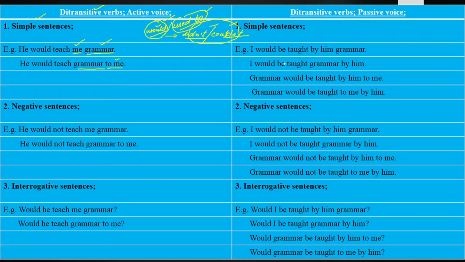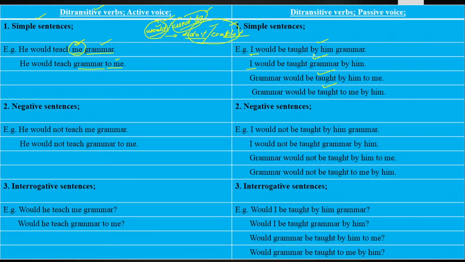In passive voice there are four ways to change the sentences of ditransitive verbs. I would be taught by him grammar. I would be taught grammar by him. Grammar would be taught by him to me. Grammar would be taught to me by him. Keep in mind, in the first sentence you bring the indirect object first at the place of subject, and in the second sentence as well.